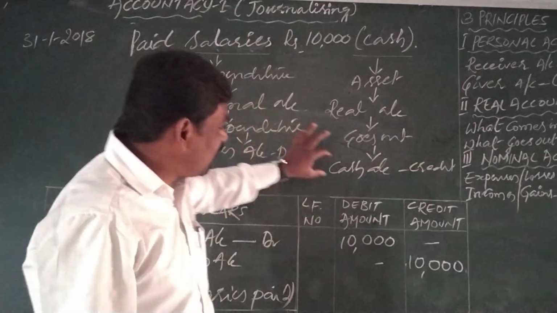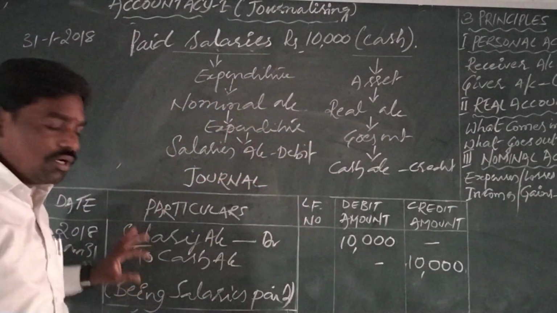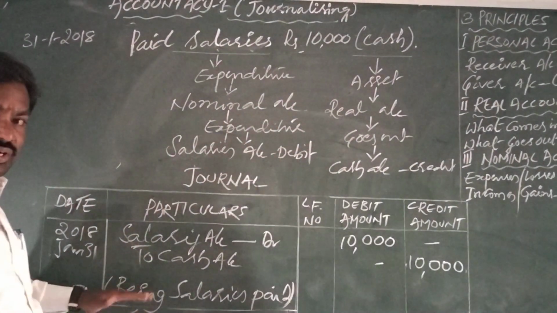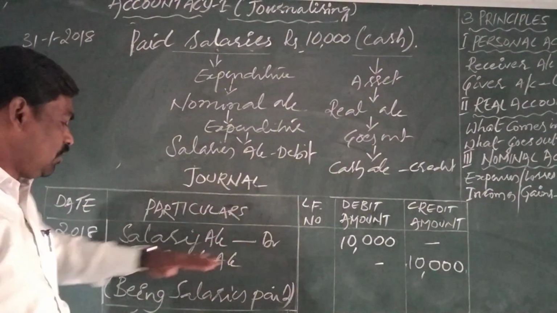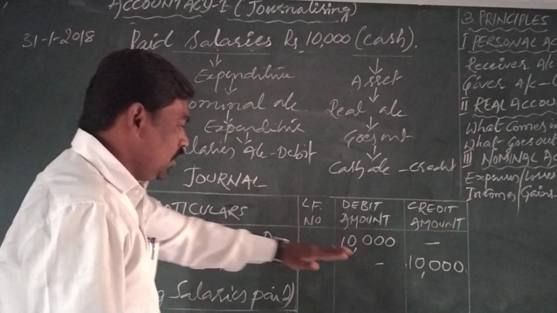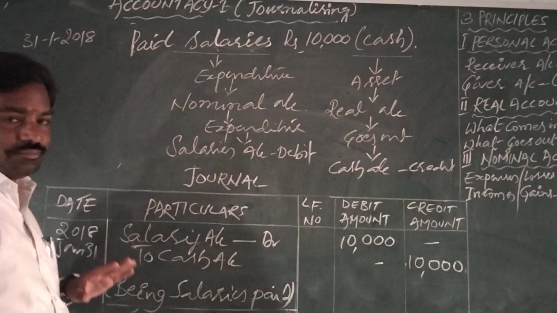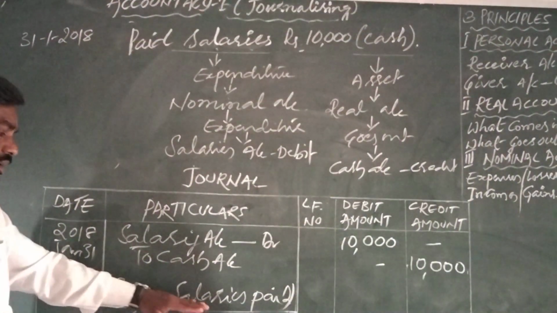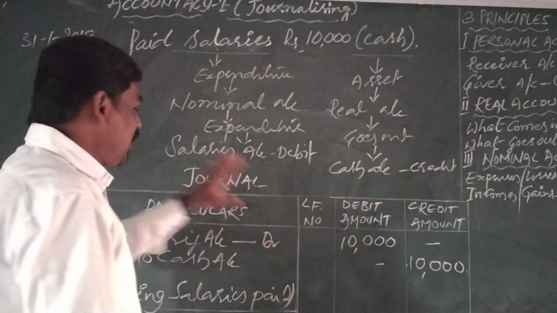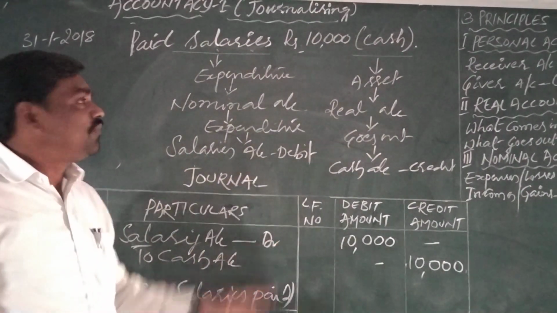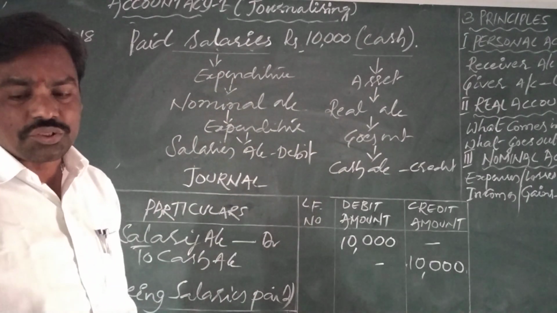After finding the debit and credit accounts, we write the journal entry, as we wrote here: salaries account debit to cash account, 10,000. After writing the entry, we write a narration in brief, being salaries paid. Like this, we can write the journal entry for the given transactions.